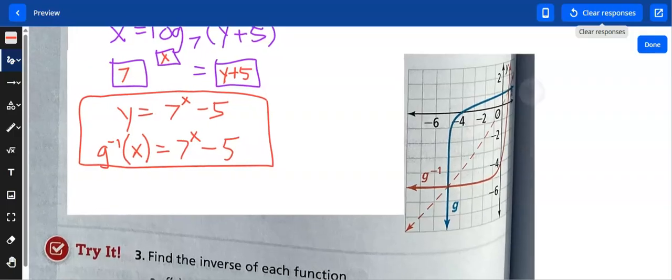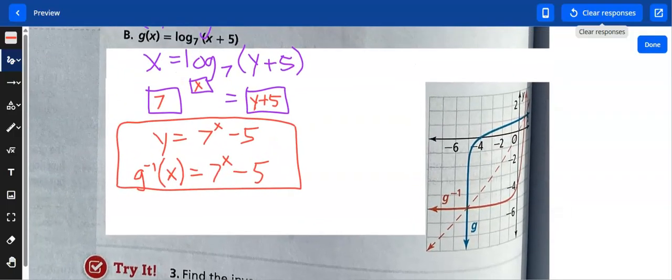Ooh, that's an ugly looking picture down there. It's the reflection of the two across that line. Sorry, not a great looking picture.